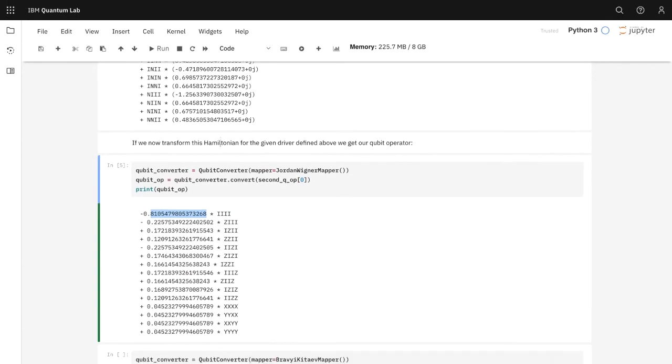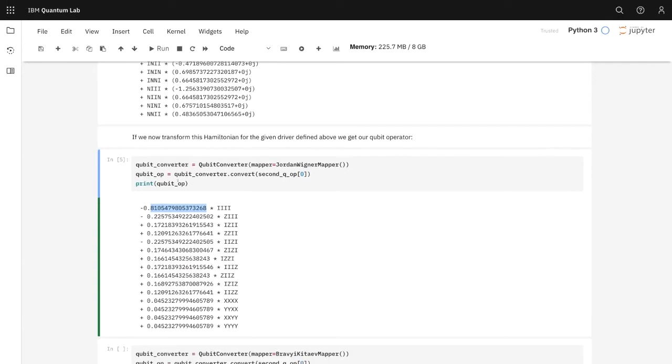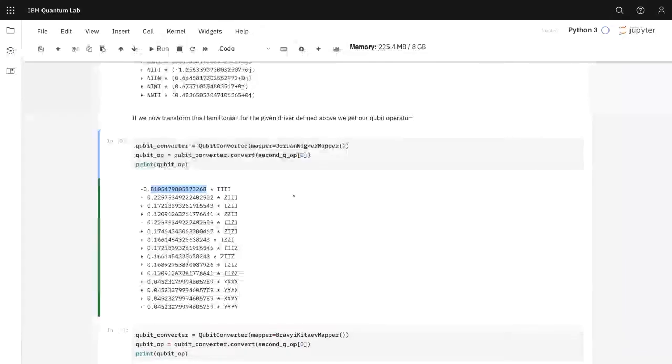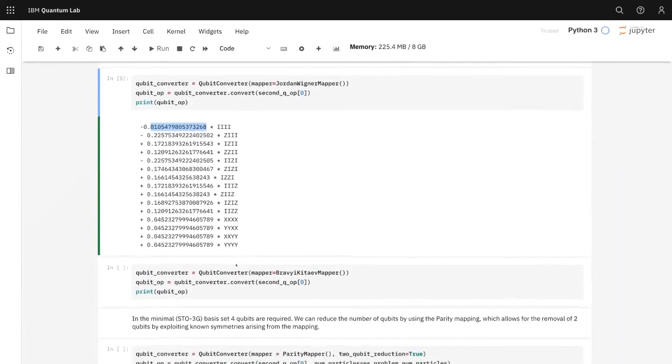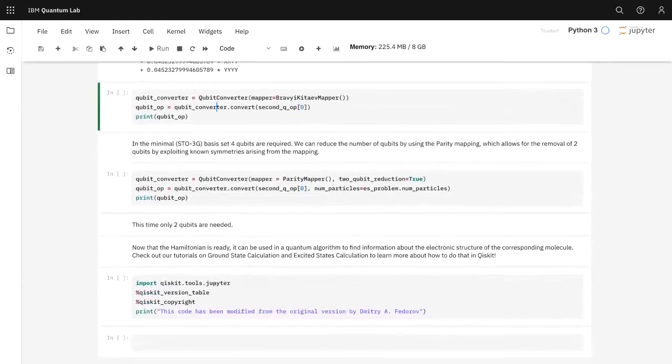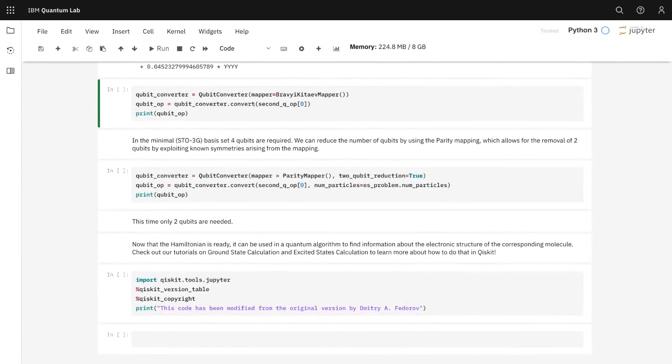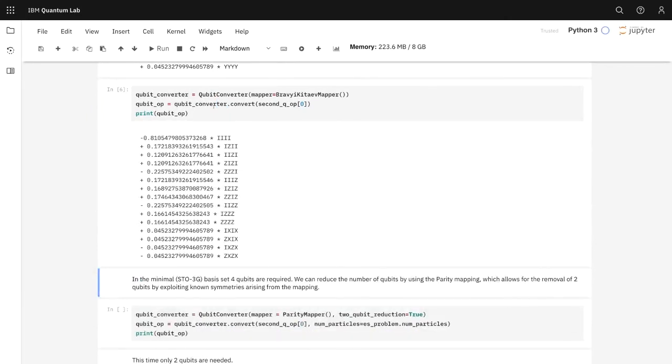All right. So this is the Jordan-Wigner mapping for the H2 molecule using the Jordan-Wigner transform. You can do a similar problem with the Bravyi-Kitaev mapping, which will also give you the same number of terms, but they might be different because it's a different mapping.